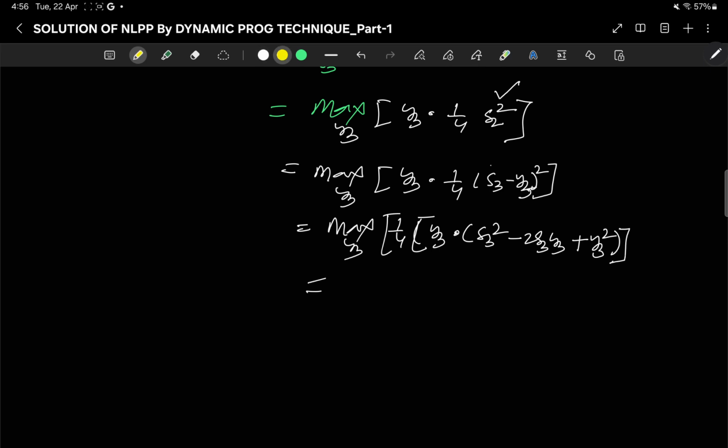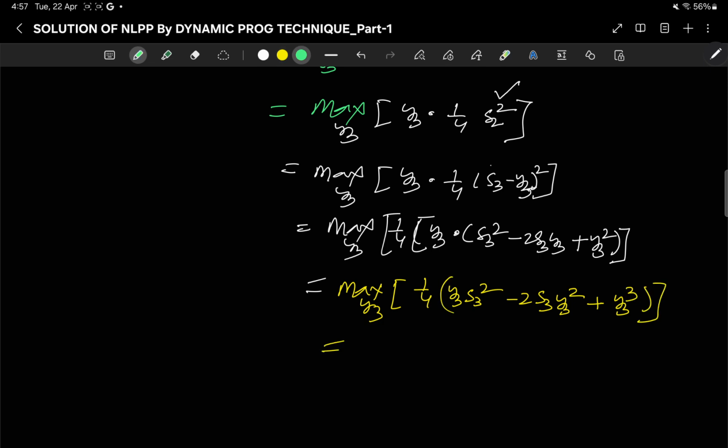So this is the maximization over y3 of 1 by 4 (s3 square y3 minus 2 s3 y3 square plus y3 cube). Let this be my v. So this is the maximization over y3 of v, where v is equal to 1 by 4 (y3 s3 square minus 2 s3 y3 square plus y3 cube).